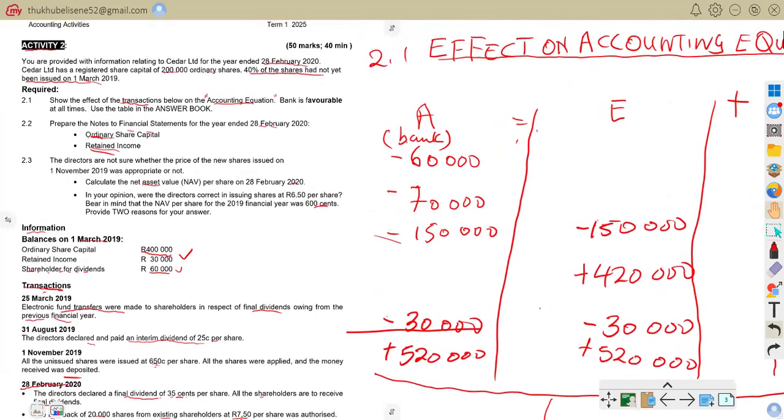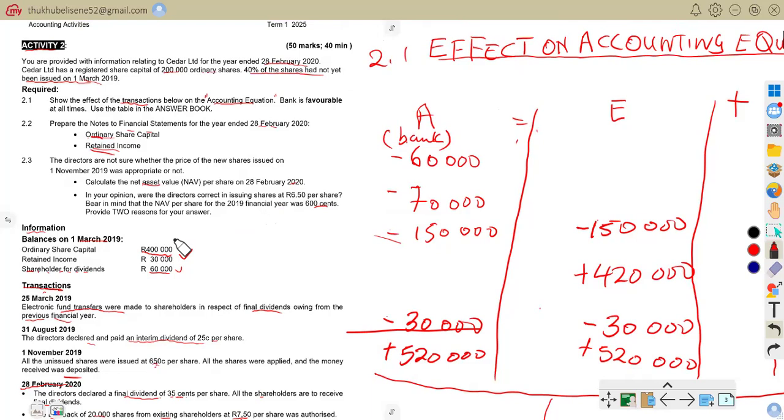The directors are not sure whether the price of new shares issued on 1 November 2019 was appropriate or not. So we have to calculate the net asset value per share on 28 February 2020. It further says, in your opinion, were the directors correct in issuing shares at 650 cents per share? Bear in mind that the net asset value per share of the 2019 financial year was 600 cents. Provide 2 reasons for your answer.